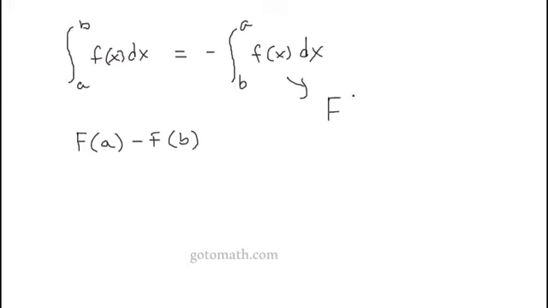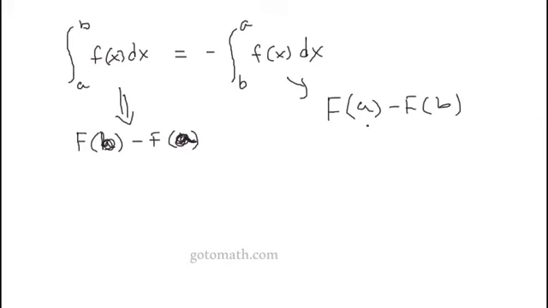This is f of b, the upper bound minus the lower bound. I am always trying to get ahead of myself here. Sorry about that. This is equal to f of b minus f of a, upper bound minus lower bound.